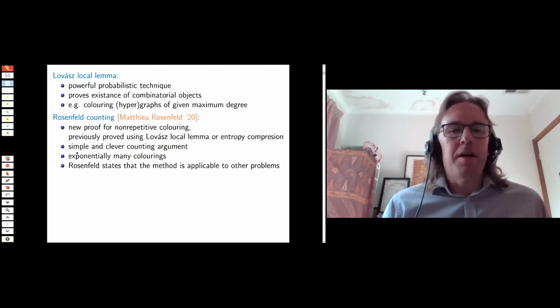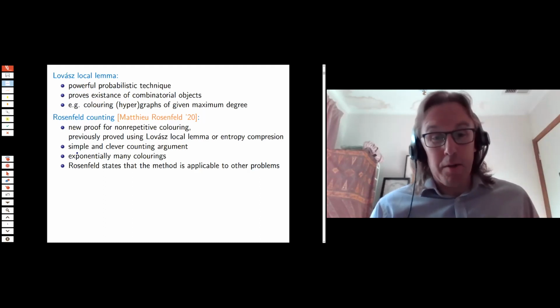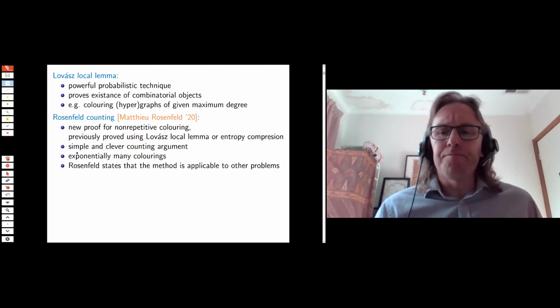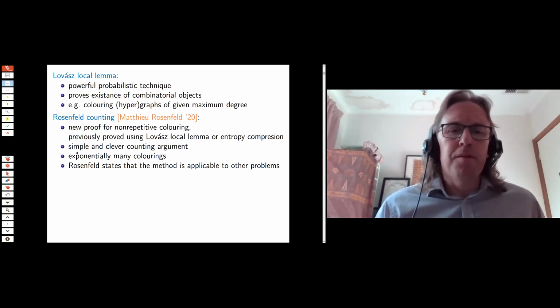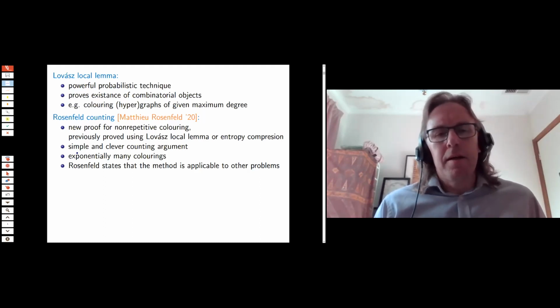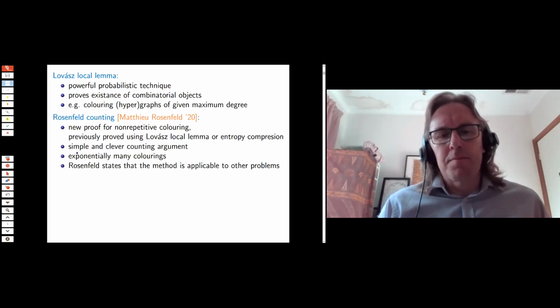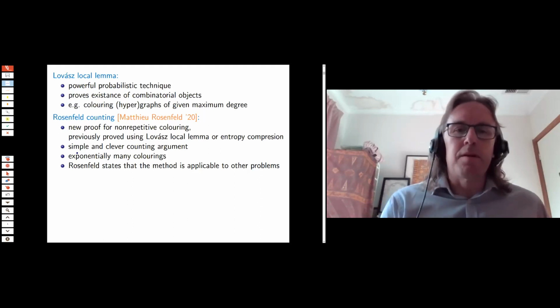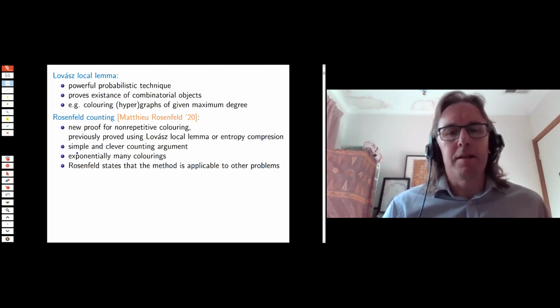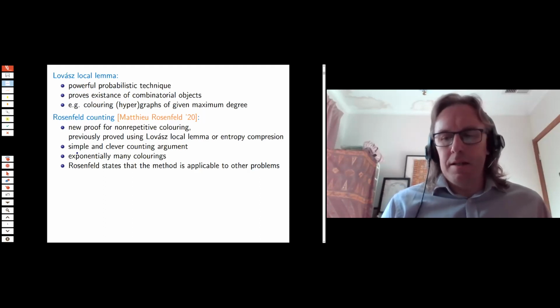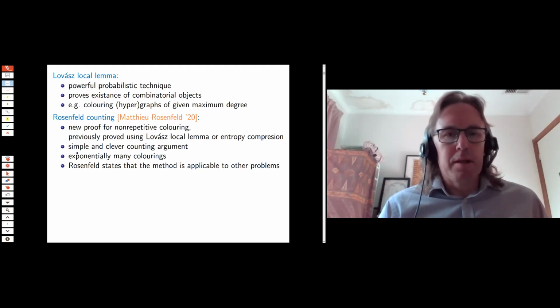And it has the advantage that it not only proves the existence of a coloring, but it actually proves the existence of exponentially many colorings. And when you read the proof, you realize that the idea in this proof is more applicable than simply for the setting of non-repetitive coloring. And indeed, Rosenfeld states that in his paper, that the method is applicable to other problems, but doesn't go into any real detail there.